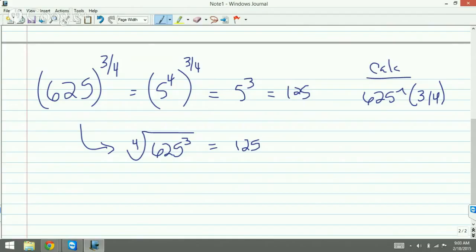The other one would be the 4th x root of 625 to the third. Go to the x root, enter, put 625 to the third in. Okay, a couple of ways to do it. So that one's probably a calculator portion, right?